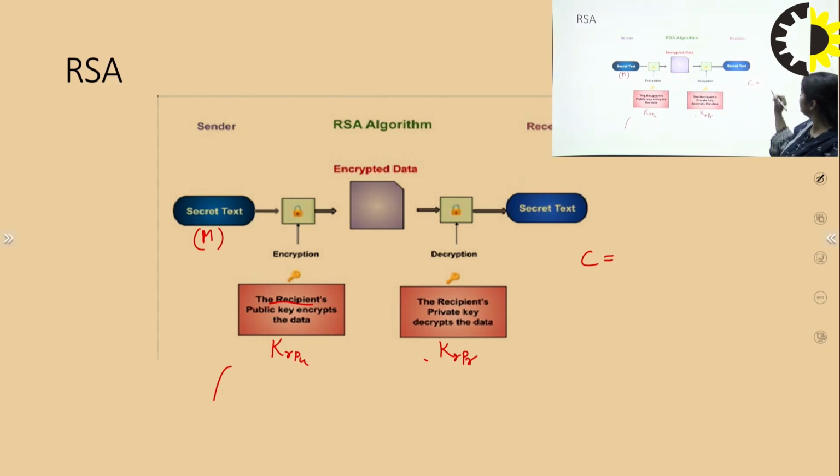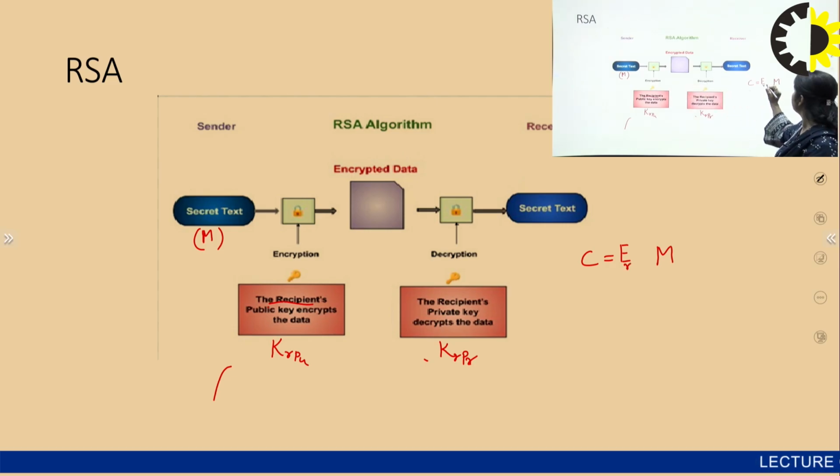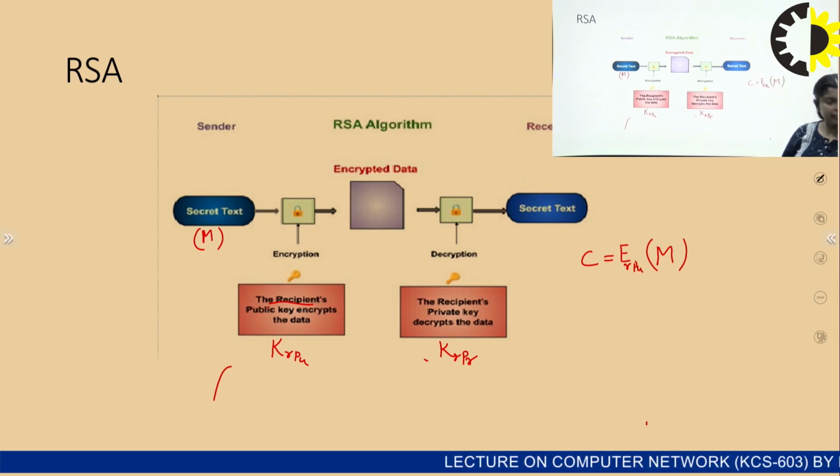There is a message, and on this message you apply some encryption algorithm, with which key? The recipient public key. So you apply the recipient public key to the message, and you get the cipher text at the sender side.